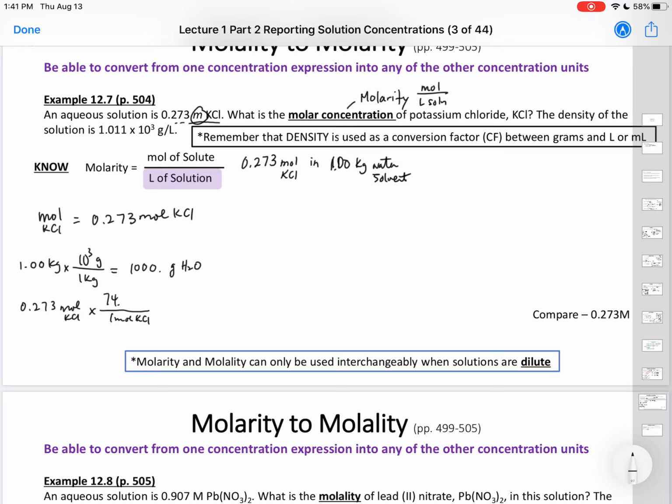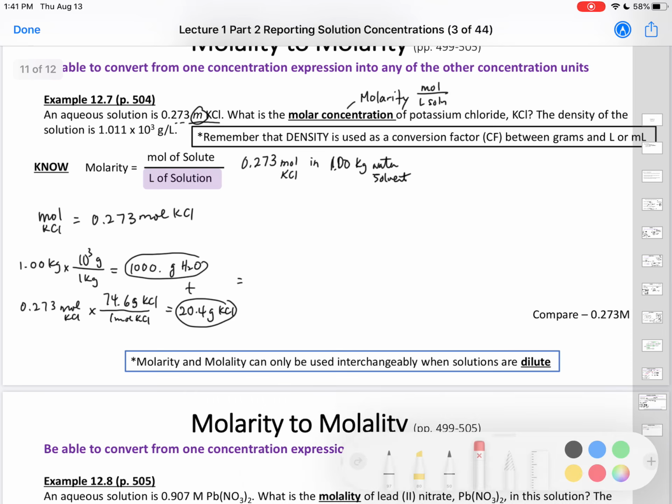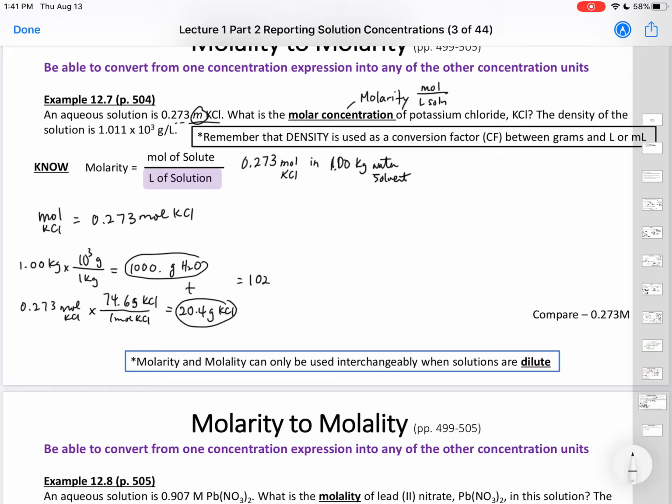So this comes out to 20.4 grams of KCl. Okay, with these two amounts, if you add them up, that will get you the total mass, 1020.4 grams of solution.